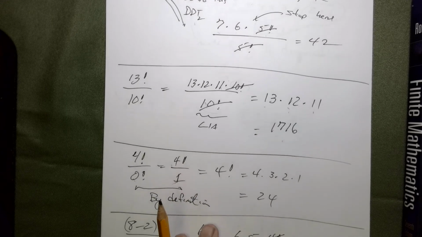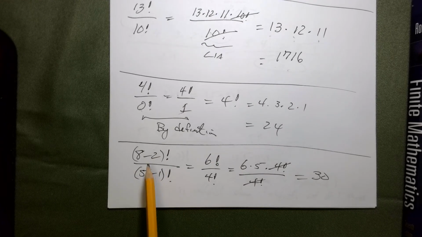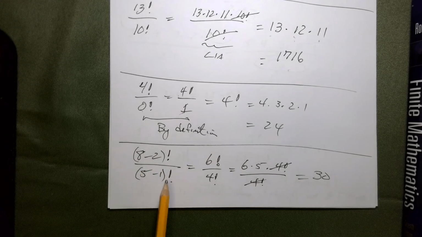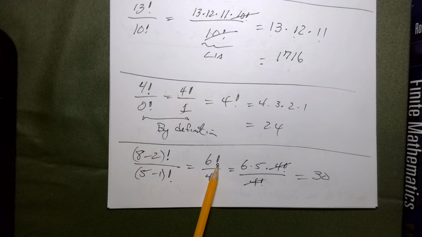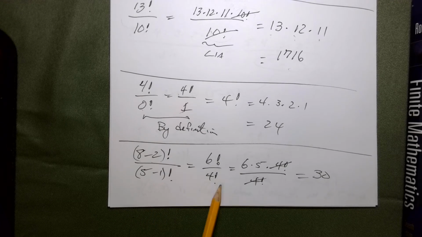Let's take another example. Suppose I have this expression and I want to simplify it. Now, parentheses means you have to do what? Stuff that's inside. So I take 8 minus 2, which is a 6, and I have to take the factorial. I have to do the 5 minus the 1 first, which is a 4 factorial. Now what do we do?